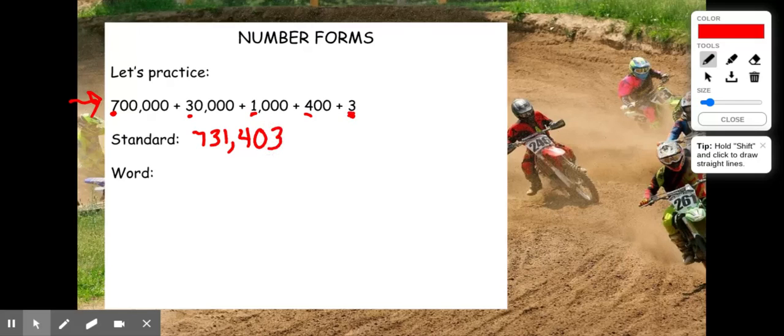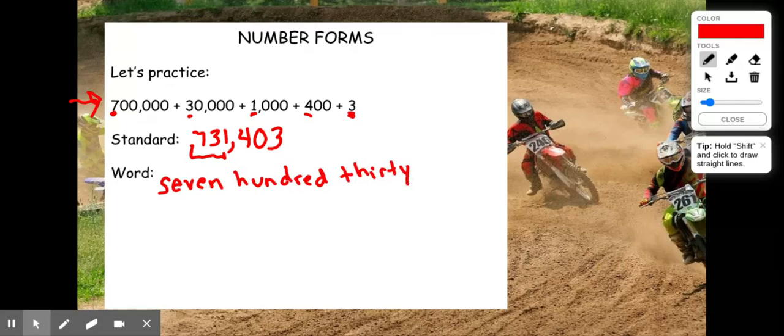Then I'm going to move on to the word form. I'm going to look at this first period, 731,000, and I'm just going to write out what I'm saying, 731,000, and then put my comma to split off that period, and then start the next one, 403.